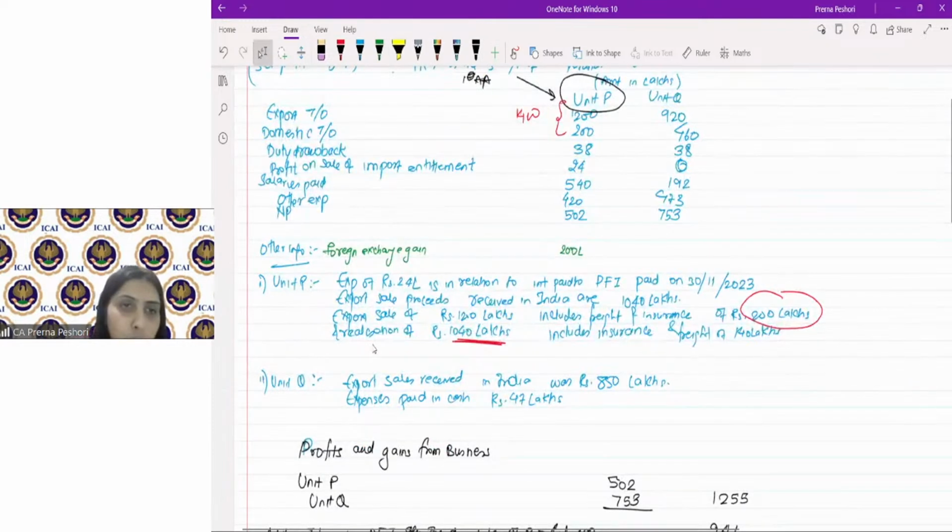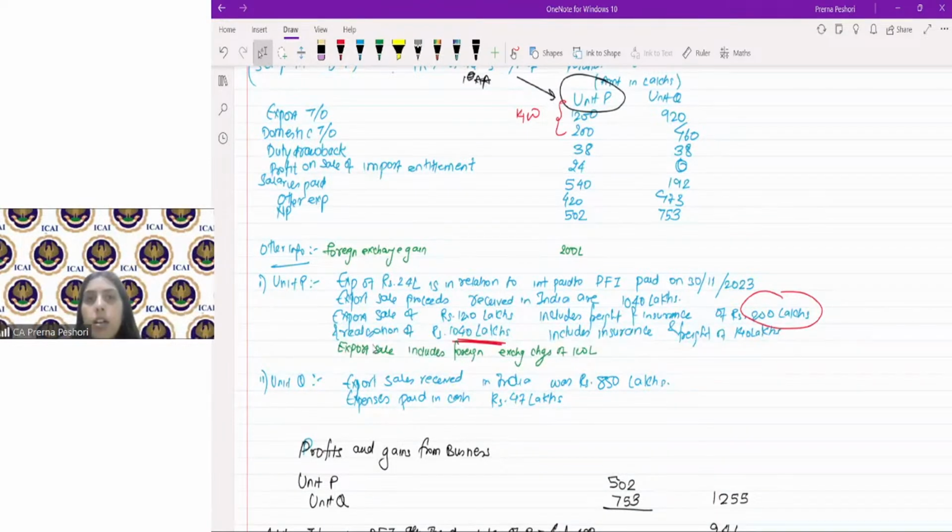That the export sale includes the expenses incurred in foreign exchange of 100 lakhs.